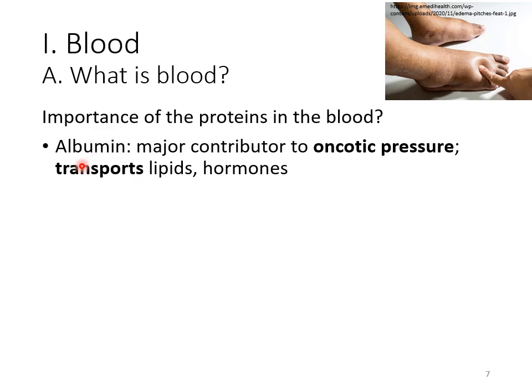If the blood does not have a lot of albumin, the oncotic pressure in that blood will become very low, and so the water, instead of staying in the blood, will move into the interstitial spaces, thus causing this very puffy appearance. The fluid is leaking out of the blood and accumulating on the foot in this case. That causes this appearance of edema.